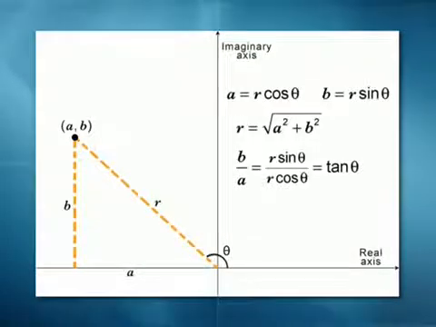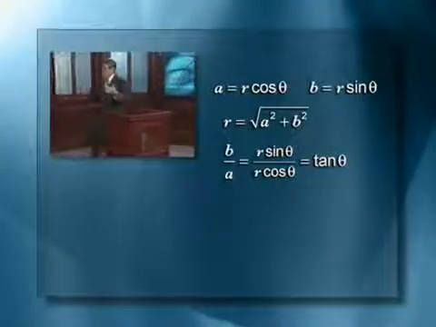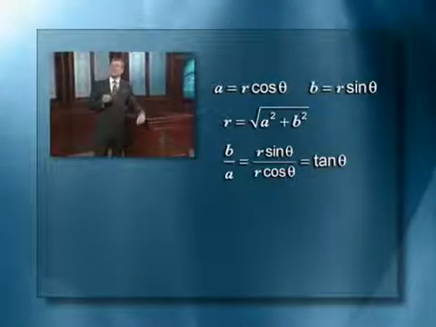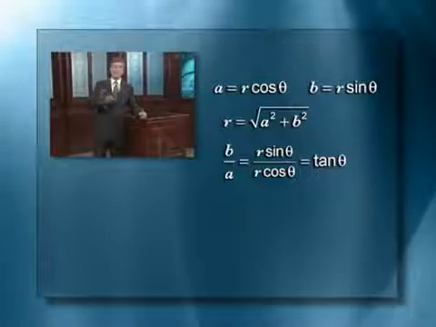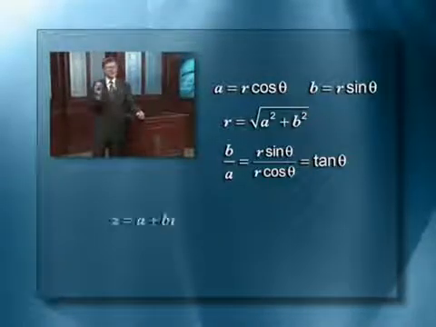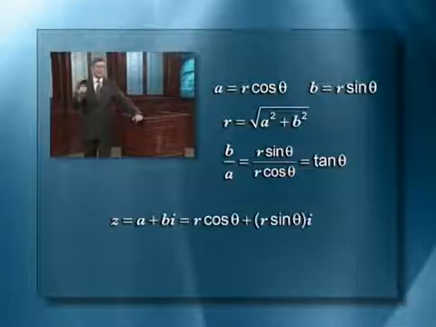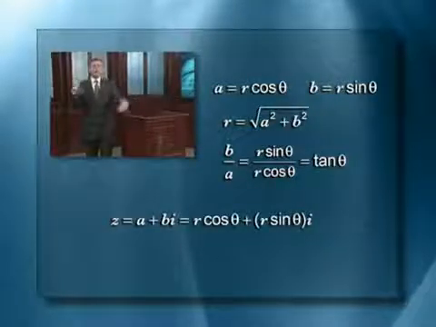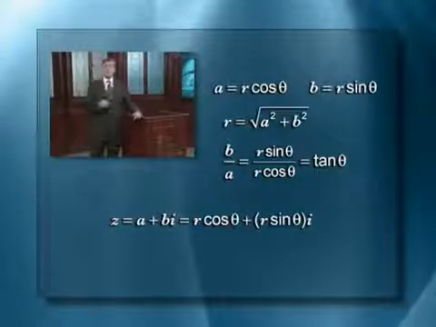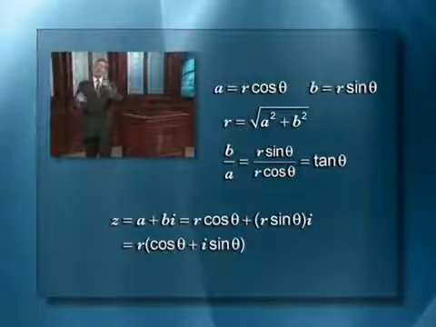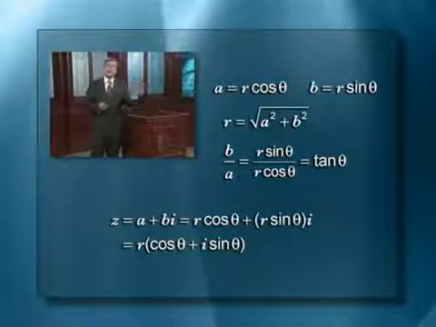So, what's the trigonometric form of our complex number? Well, let's call the complex number z. That's a very common letter, by the way, for complex numbers. z is a plus bi, and that's r cosine theta plus r sine theta times i. And i here, of course, is the square root of minus 1. So that's r times the quantity, cosine theta plus i sine theta.